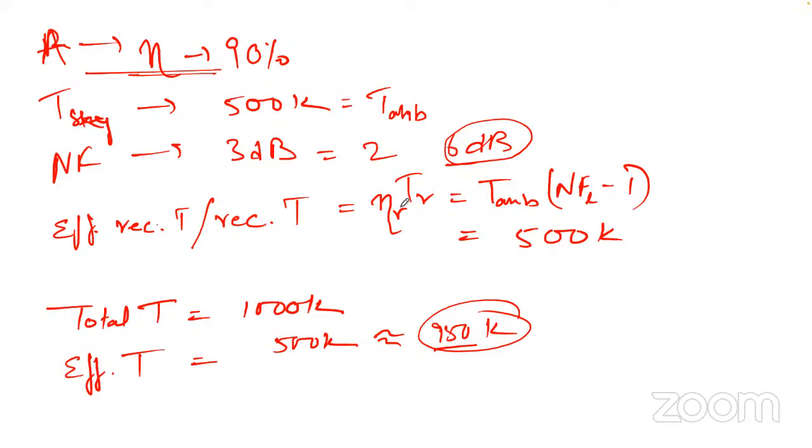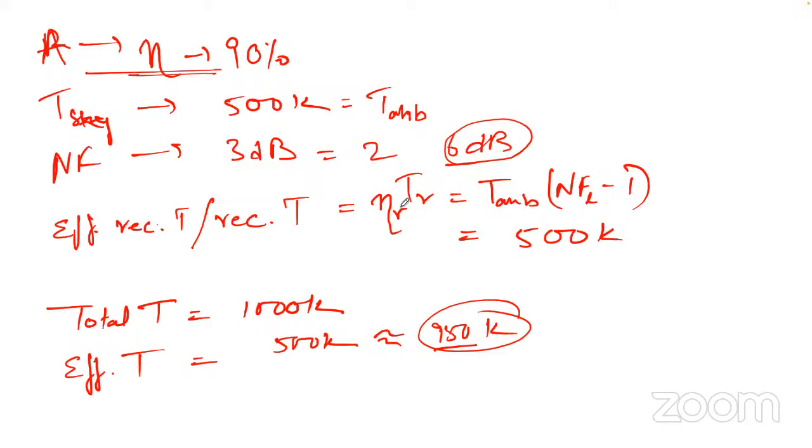That will come later. If you get more into the instrumentation part, you will get a hint of where to apply those kinds of approximations and where not to. However, just follow this procedure: total temperature is sky plus receiver. Receiver temperature is linearize the noise figure, subtract 1, and multiply by the ambient temperature, or the temperature at which the receiver is kept.